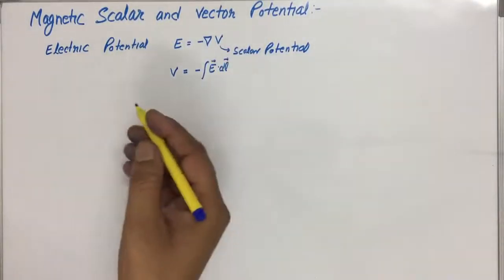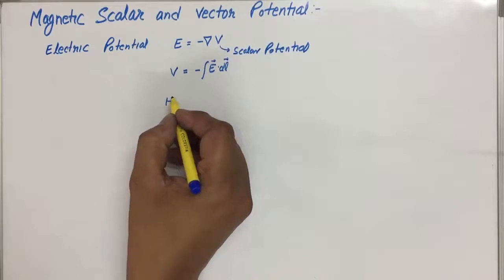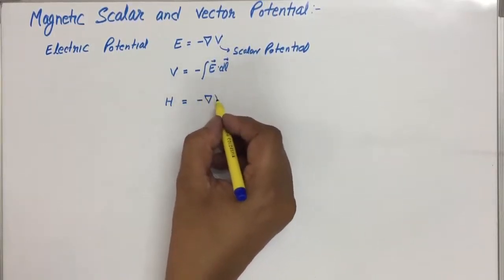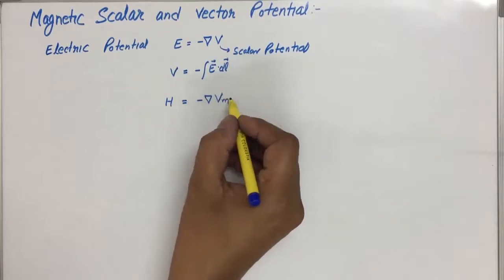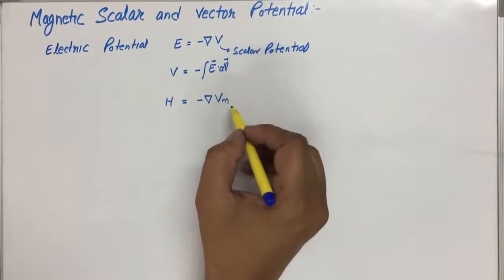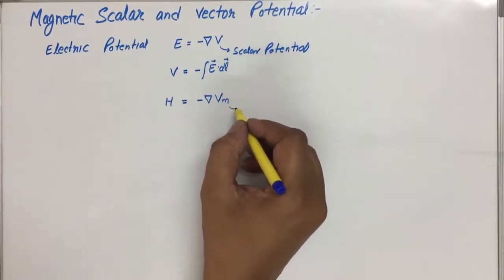Now similarly, in case of magnetostatics, H can be written as minus del Vm. This is the magnetic potential, or we can say magnetic scalar potential.